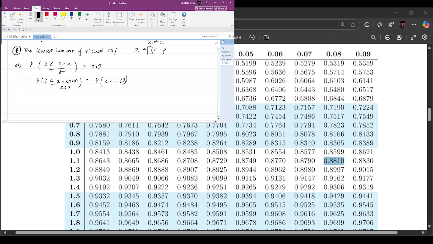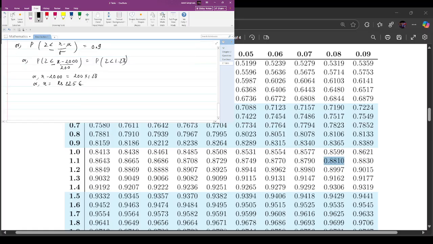Now we can write x minus 2000 equals 200 into 1.28, and then you get the lowest income of the richest 10%, that is rupees 2256. And again, now we proceed on to the next question.